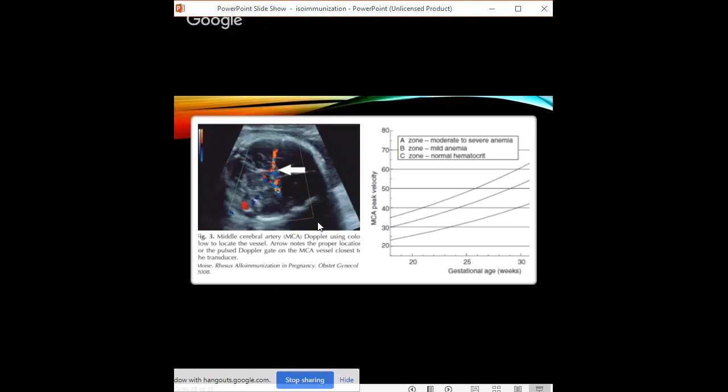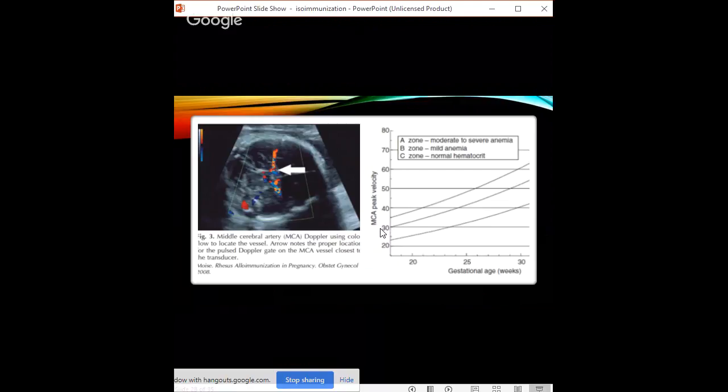However, the false positive rate in detection of fetal anemia is highest after 35 weeks gestation. So after 35 weeks, you tend to have a decrease in the accuracy of using fetal Doppler. And here is a graph where they plot their values.